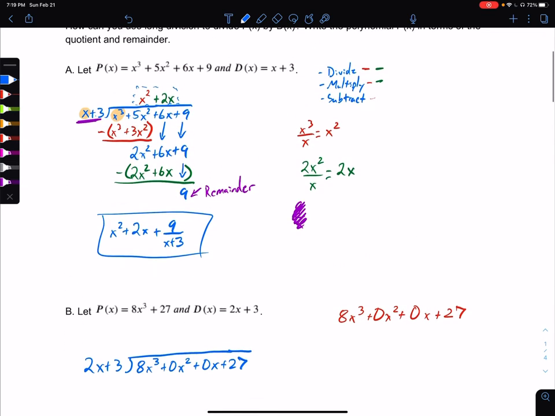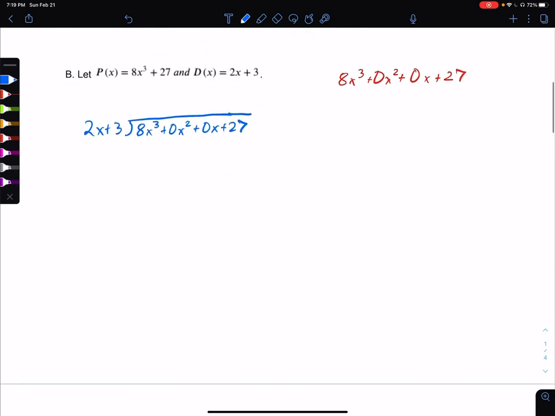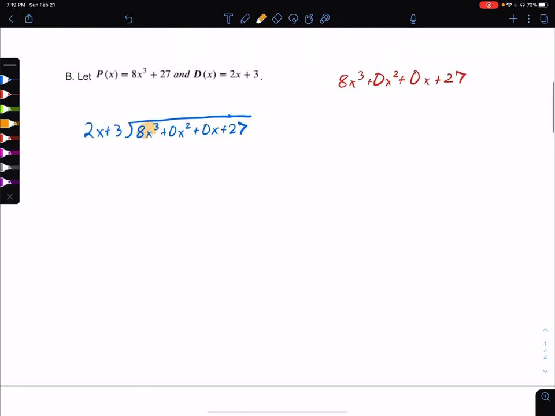Let me try to color code these the way we did before. Okay, so we're going to do leading term divided by leading term. So we have 8x cubed divided by 2x. That's going to reduce to 4x squared, and that's going to go up top. So remember, we're dividing, and then we're going to multiply.